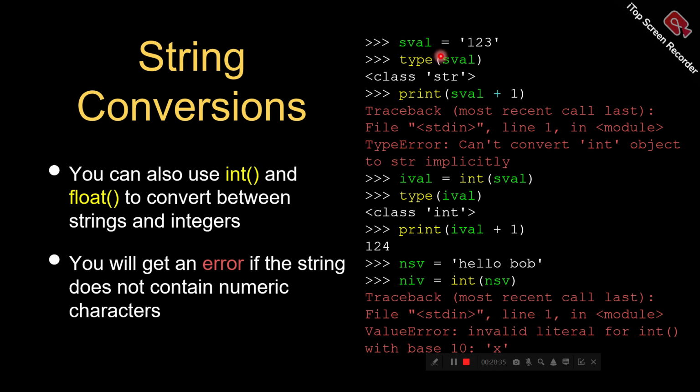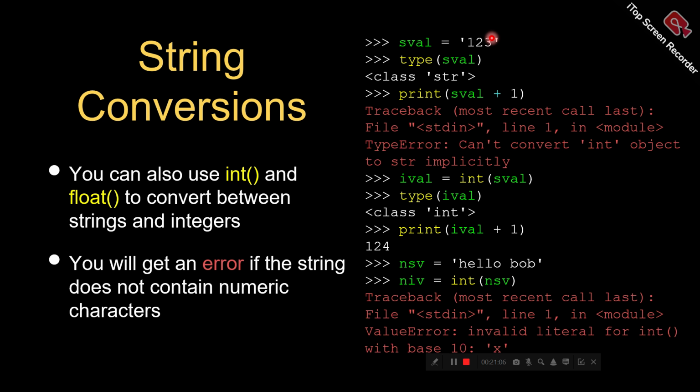Now string conversions. For example, you have some string which is storing an integer value. For example, I have the string variable sval equal to "123" in quotes. If any number is represented in quotes, it is considered a string value. So over here the type of sval will be string. Logically this is an integer, right?